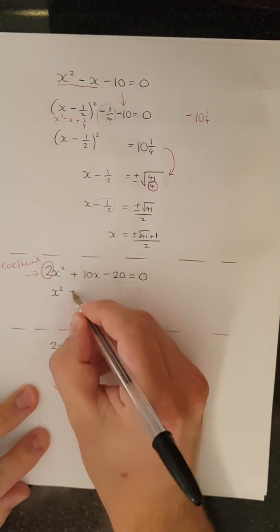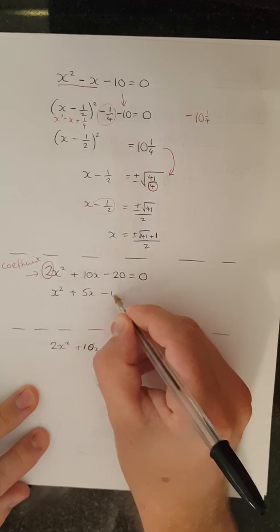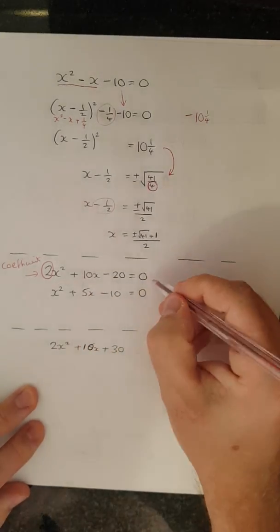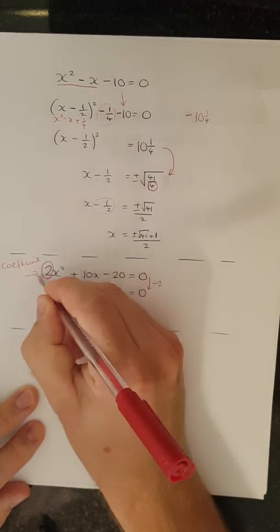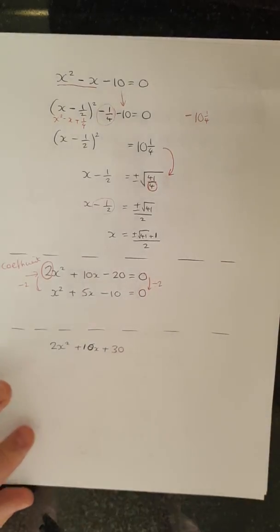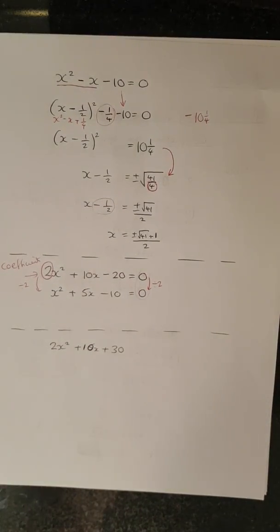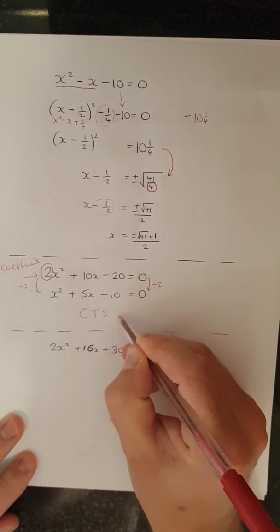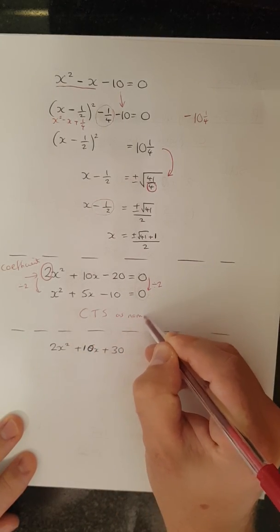That's right, I'm going to divide everything by 2, including the right-hand side. And in this case, it works really nicely because everything divides by 2 well, and it doesn't change this side. So it's less work. And then I would complete the square as normal.